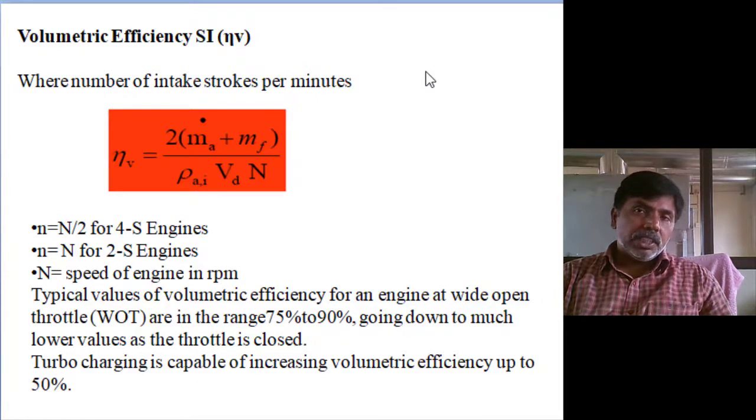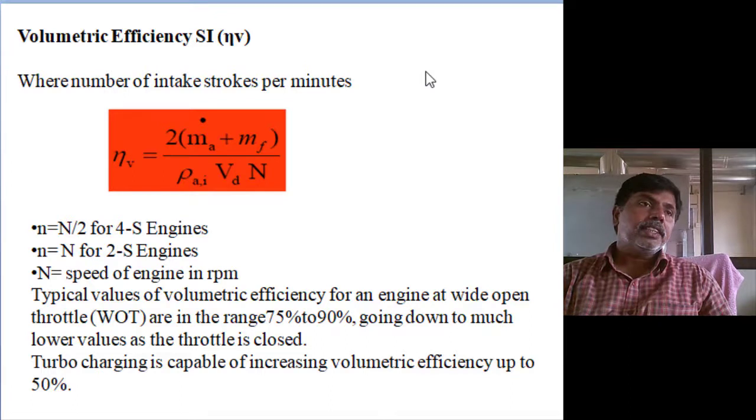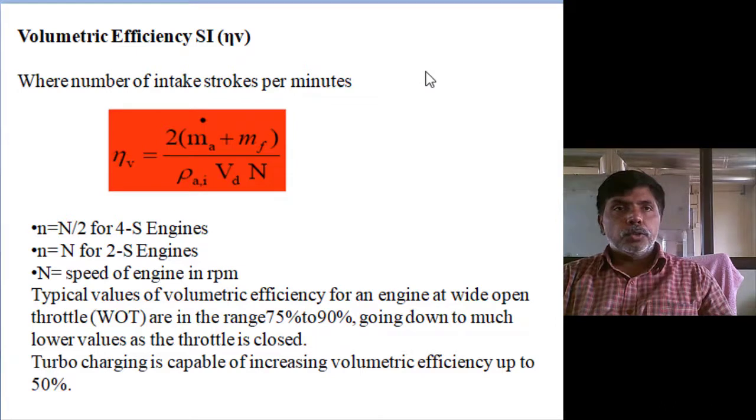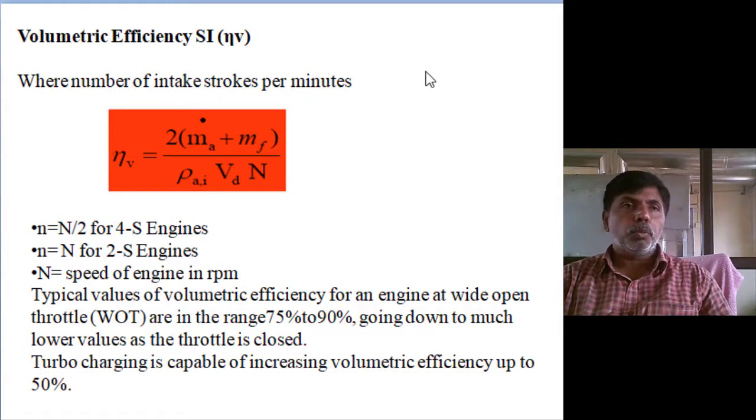So compression ignition engine volumetric efficiency is more than 100, because compressed air is induced into the cylinder in the suction stroke. In CI engines, for reduction of delay period and knocking tendency, we are using supercharged conditions.